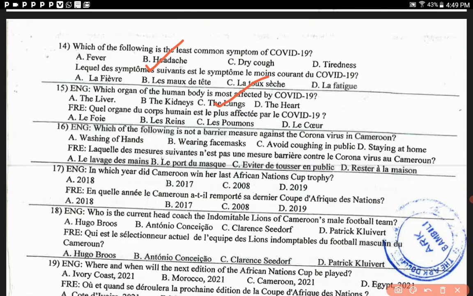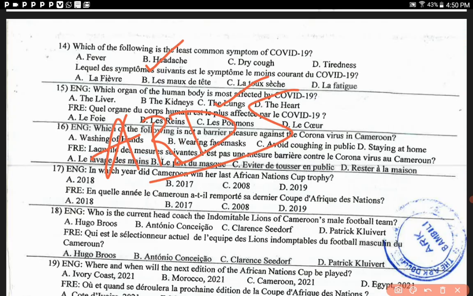And also, it causes acute respiratory distress as well, what we call ARDS, acute respiratory distress syndrome.